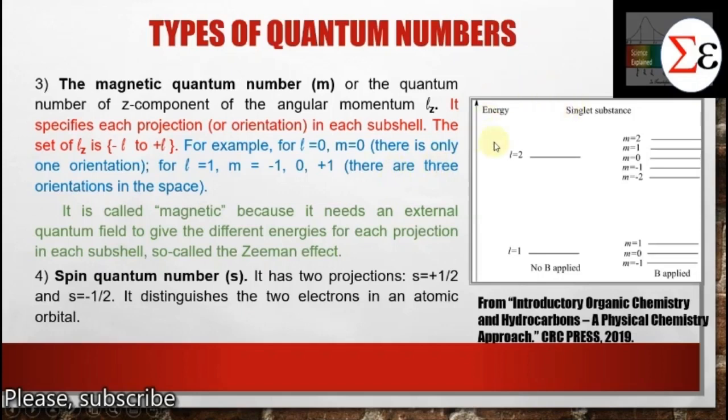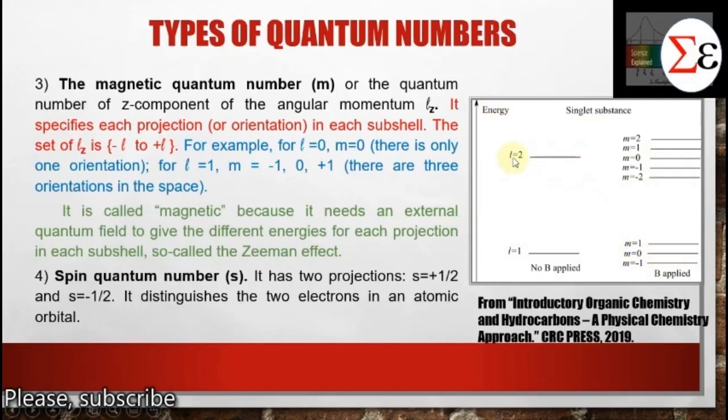As we can see here, the L1 subshell and L2 subshell, when there is no magnetic field applied to the atom, and when it's applied a magnetic field B, we see that the three orientations of the L1 subshell is divided into three different energies.